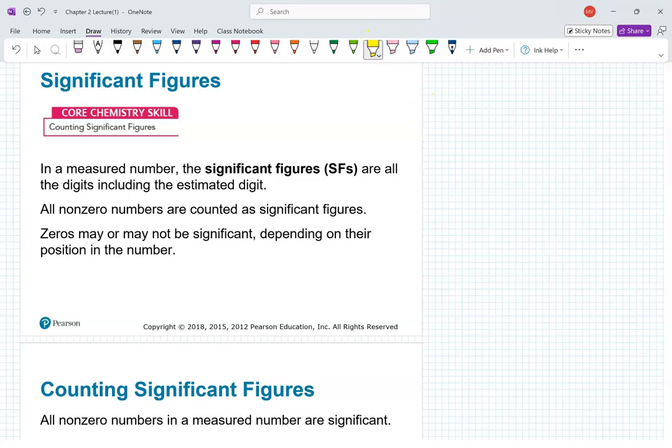Significant figures are applied to measured numbers, not counted. Can you tell me why? So if I get a ruler and I measure the length of that table, am I going to add the estimated uncertain number at the end?